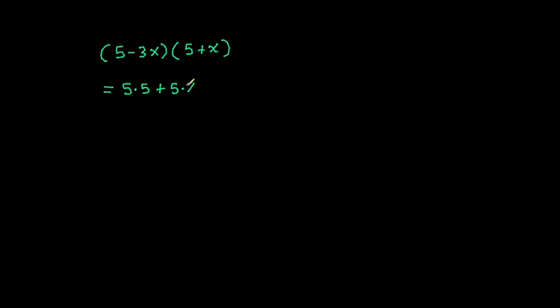And then we add to that minus 3x times 5. And then finally we add to that minus 3x times x. That's all that remains. So again, all we're doing is multiplying each term here by each term here.